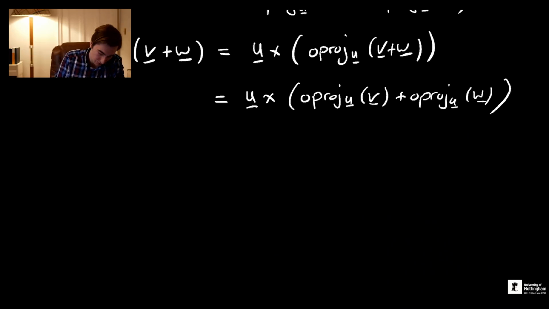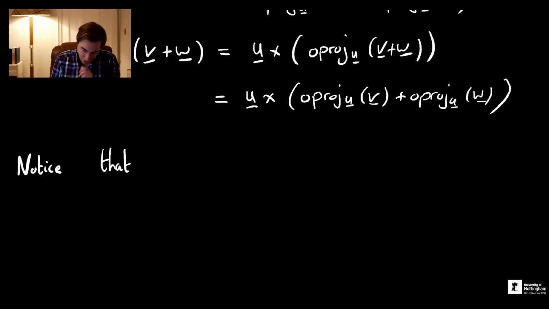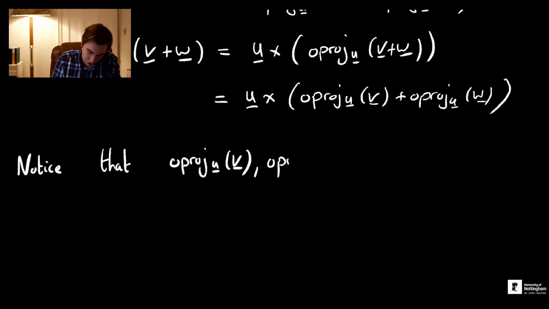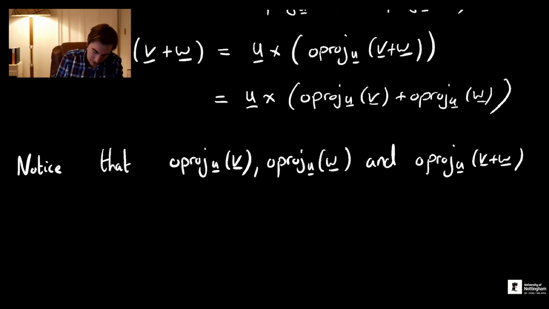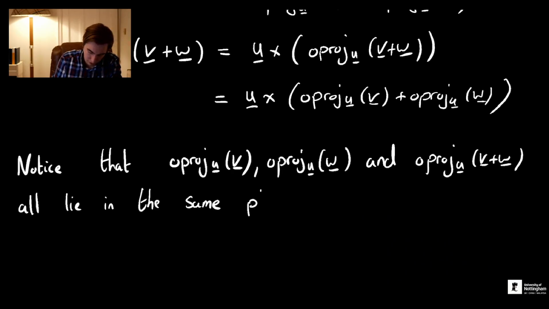We can notice that the orthogonal projection of v onto u, the orthogonal projection of w onto u, and the orthogonal projection of v plus w onto u all lie in the same plane. I say this because this will allow us to draw a nice picture: if they all lie in the same plane, we can think of that plane as the surface of my tablet, and therefore I can draw this.